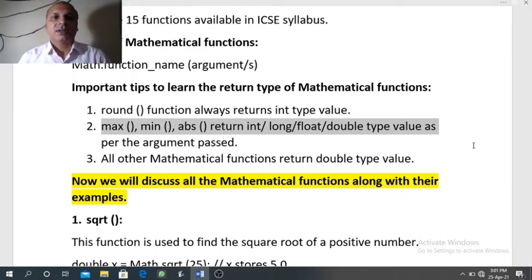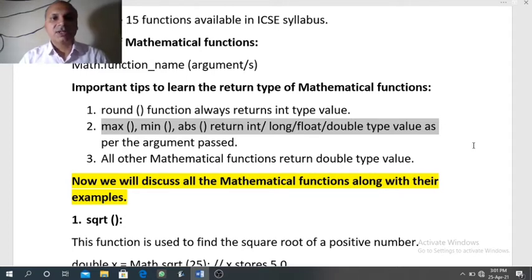It means for all these 3 functions, if the argument passed is an integer value, then the answer of the function will also be an integer value. Similarly, if the argument passed is a double value, then the function will return a double value and so on. So depending on the argument, whether int, long, float or double, the return type will be the same as the argument.